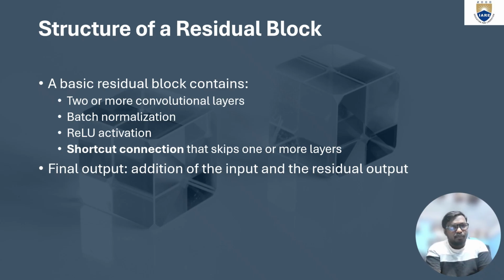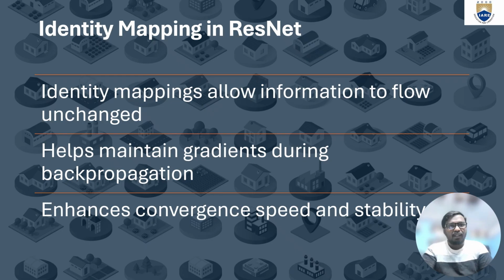The final output is the addition of the input and the residual output. Identity mapping in ResNet: identity mapping allows information to flow unchanged, helps maintain gradients during backpropagation, and enhances convergence speed and stability.